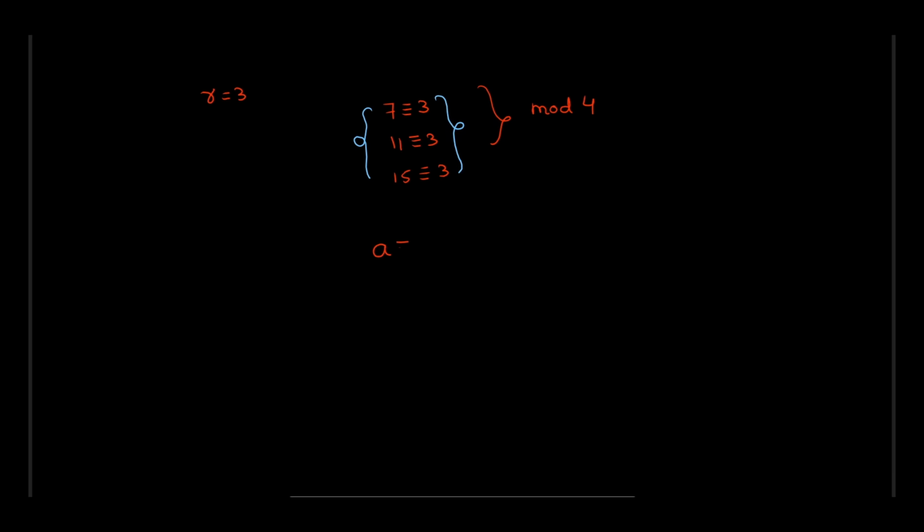If A is congruent to B modulo M, this essentially means that A and B are equal, for all practical purposes, in the world where every number is treated modulo M. Then you can perform arithmetic by bringing this to the left hand side. You can see that A minus B is congruent to 0.